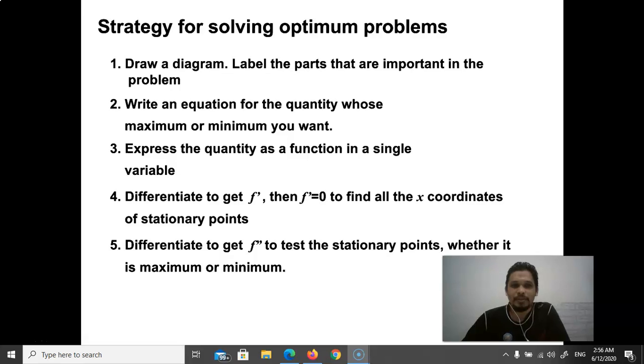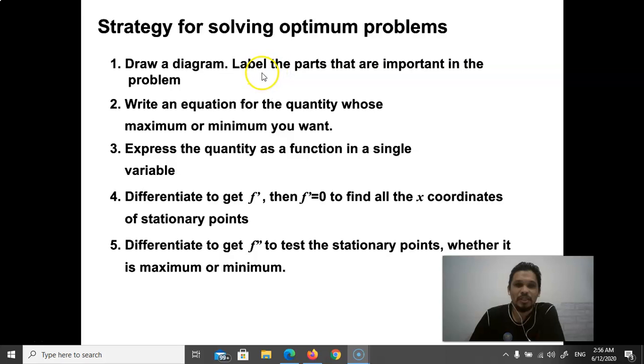Okay, so these instructions, or what we call the strategy, are our reference for how we are going to answer this kind of question. Draw a diagram, label the parts important in the problem.